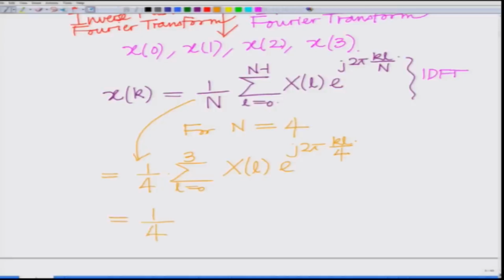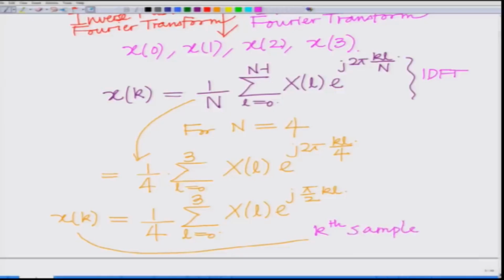Please note that this is only for this specific example corresponding to N equal to 4 subcarriers: 1 over 4, summation L equal to 0 to 3, X L e raised to j pi by 2 k L. Remember, small x k denotes the kth sample, capital X L denotes the symbol loaded onto the Lth subcarrier, and small x k is the kth sample generated by the kth IFFT point of capital X0, capital X1, up to capital X N minus 1.